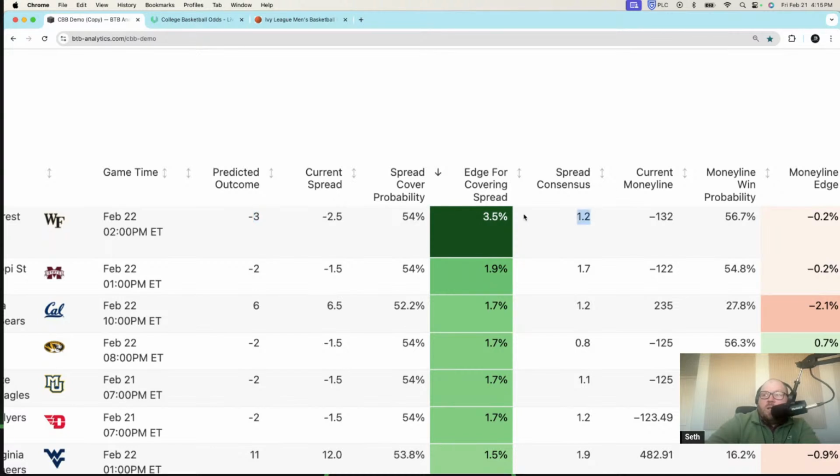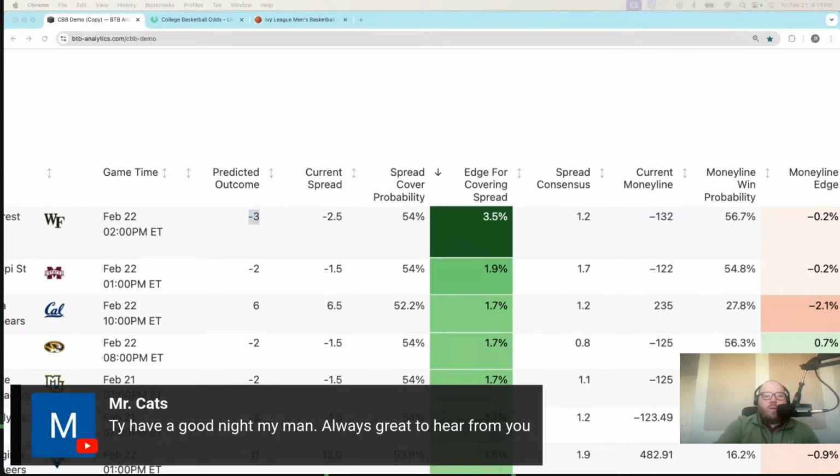Well, that actually is a good thing. They all agree in the direction, they just don't agree in the magnitude, but they all agree that Wake Forest will cover. So don't put a ton of weight in the consensus thing. Do some research, but just know that I'm trying to work on something better.